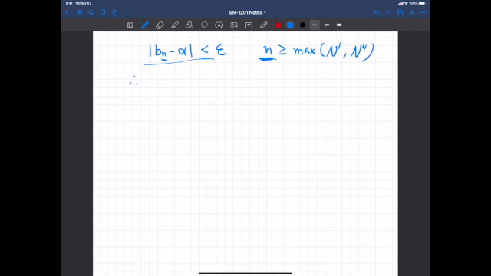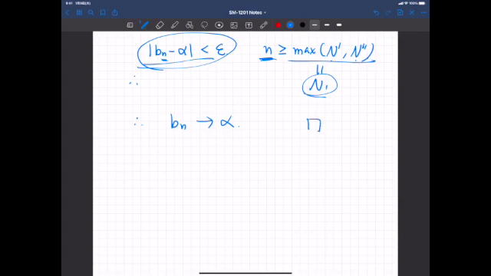So if we define this max of N prime and N double prime as N, then for any natural number n greater than this N, we have this inequality. Therefore, b_n also converges to alpha. And we're done.